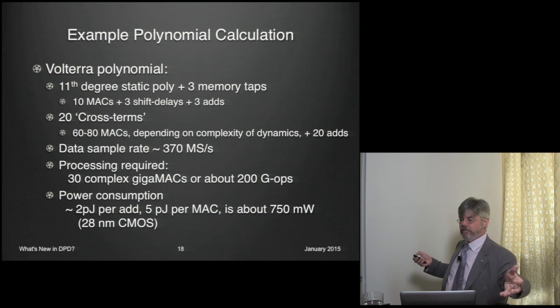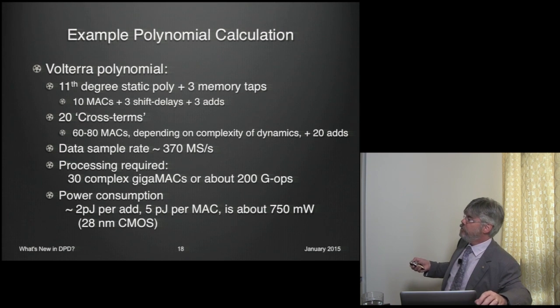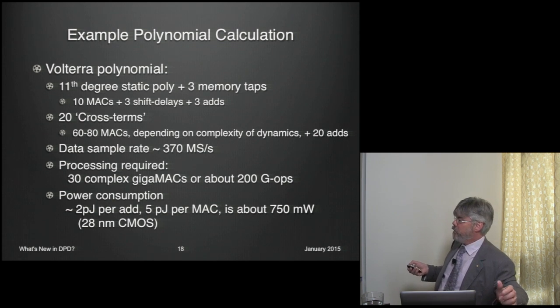Typical data sample rate, about 370 megasamples a second, is pretty standard nowadays. And if you work out that sample rate and these number of multiply and accumulates, then the processing you require is 30 complex giga multiply and accumulates, or about 200 giga ops per second, real operations per second. Now that's pretty hard.